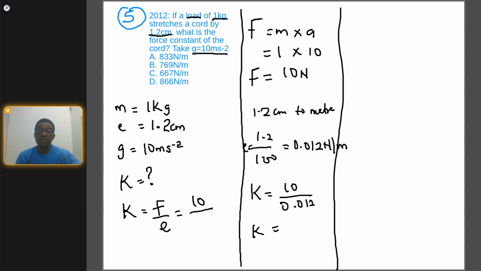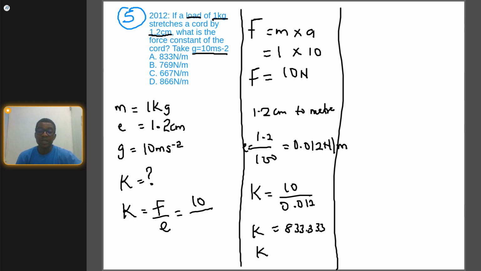K equals dividing 10 by 0.012, we have 833.333.